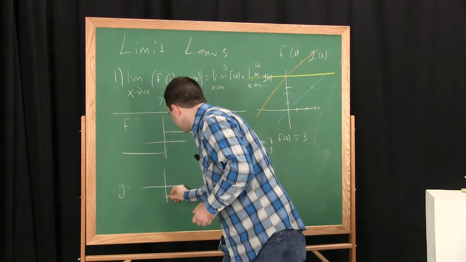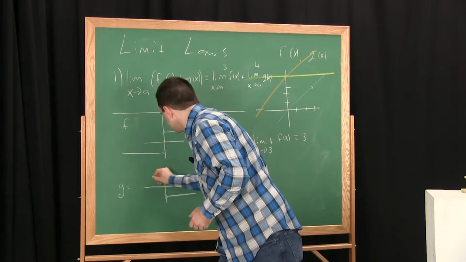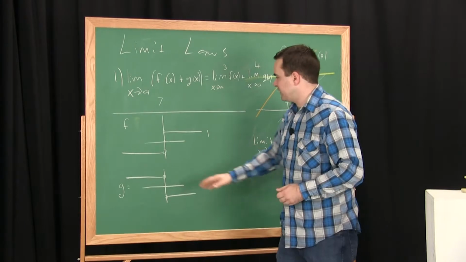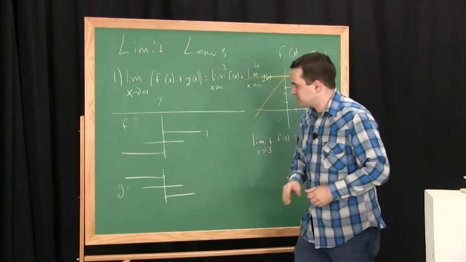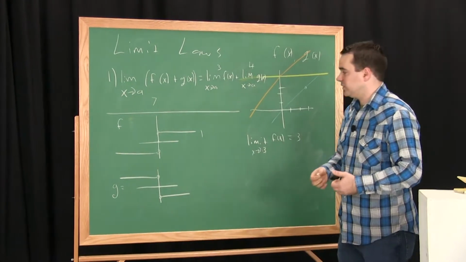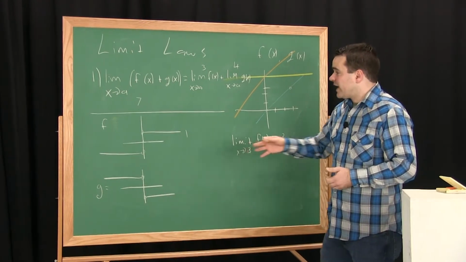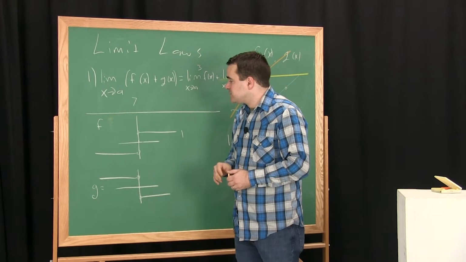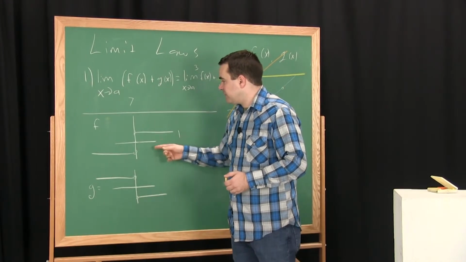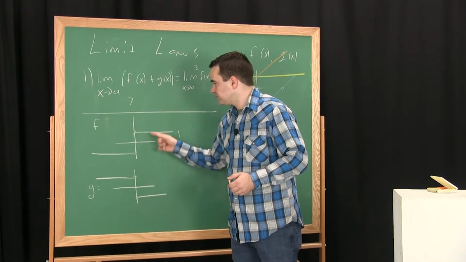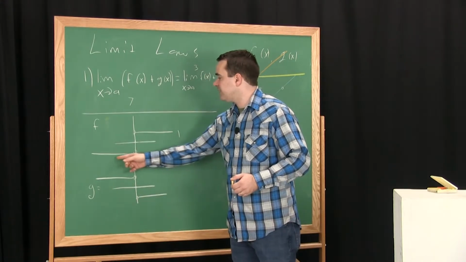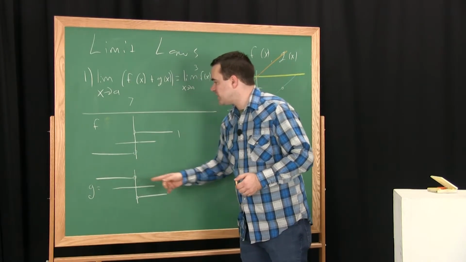So let's make function g equal to 1 when x is less than 0 and negative 1 when x is bigger than 0. And so when I look at these functions individually, well, they both have a right-hand limit, 1 and negative 1. They both have a left-hand limit, negative 1 and positive 1.